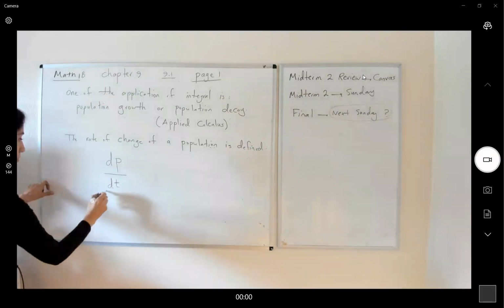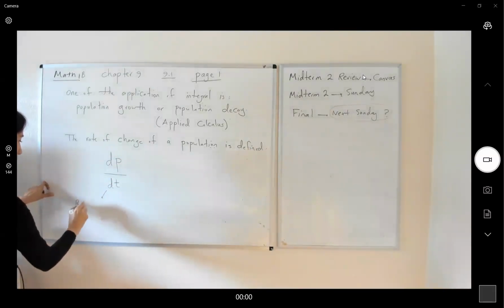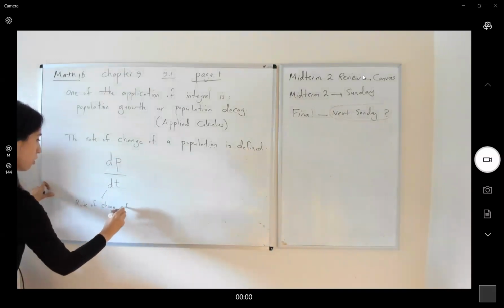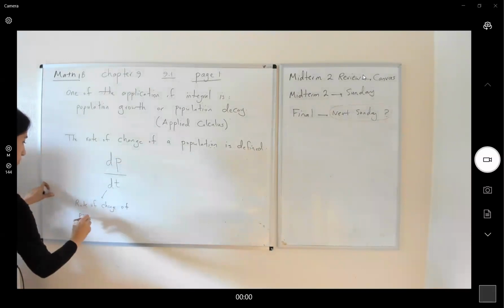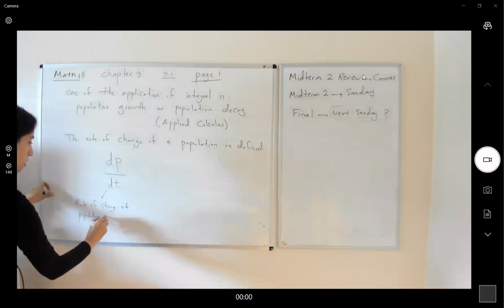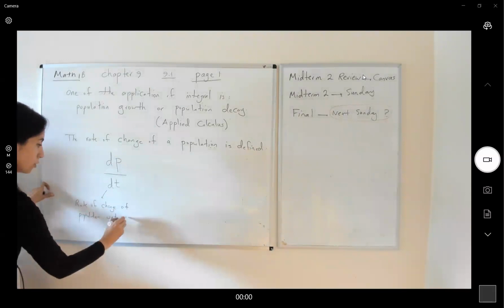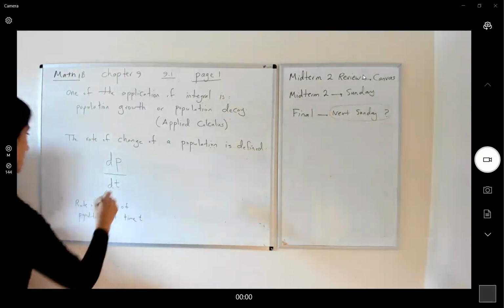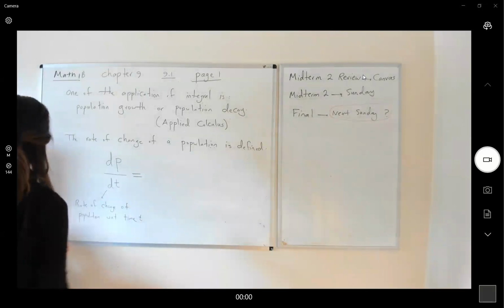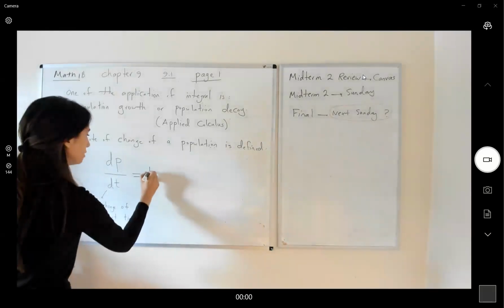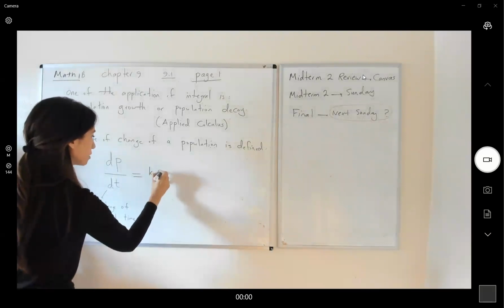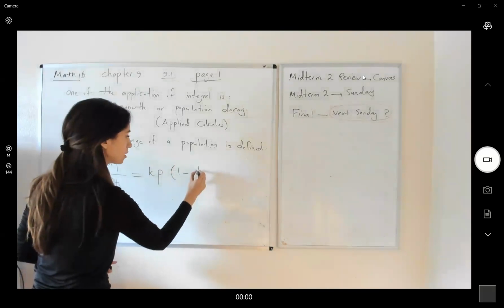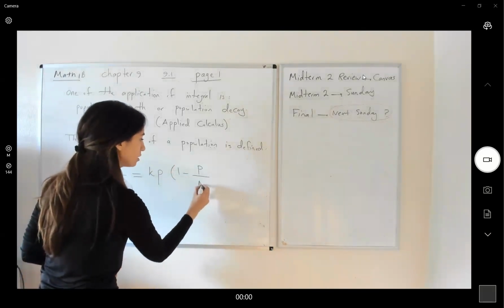So the rate of change of population with respect to time t is usually defined this way. It is equal to k times P times (1 minus P over M).